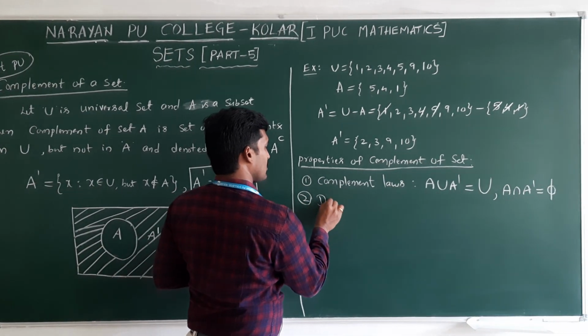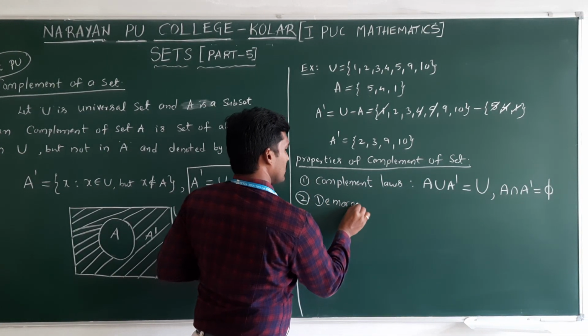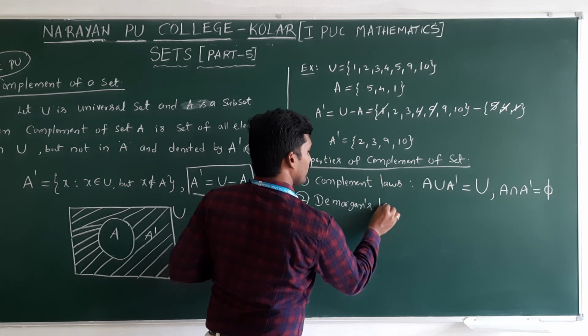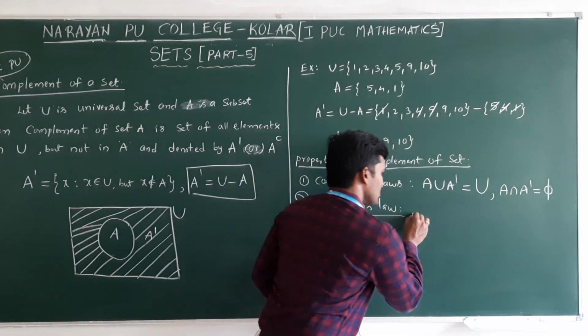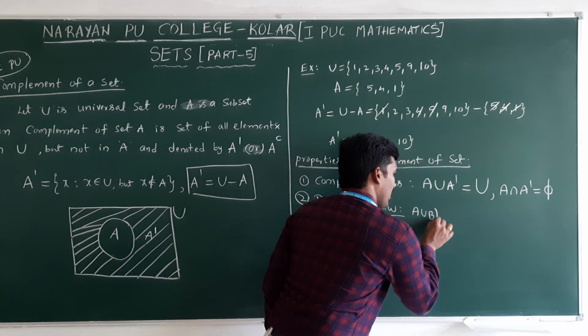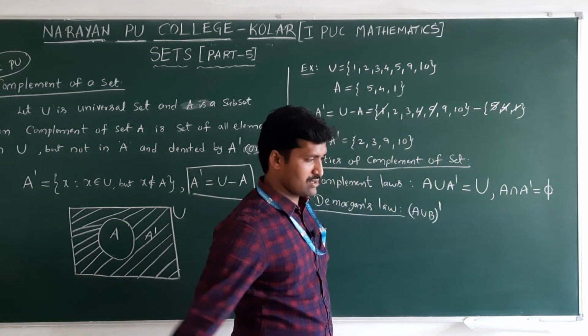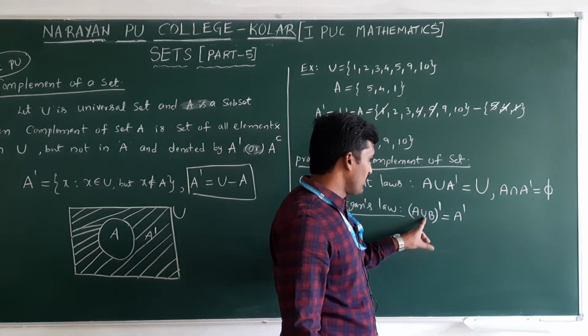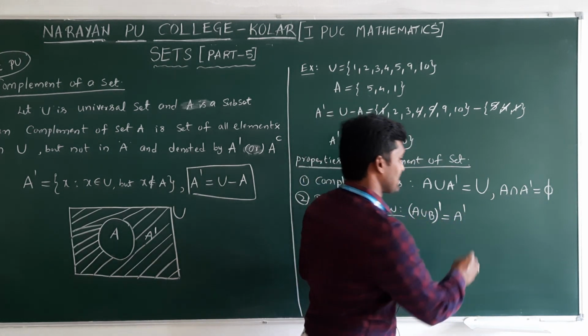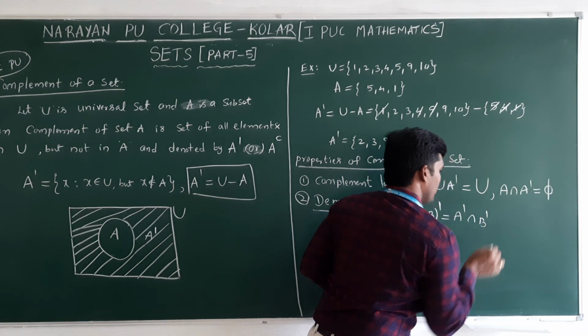Next, De Morgan's law. In this we use (A union B) whole dash equal to A dash intersection B dash. When you apply the complement to a union, it becomes an intersection.